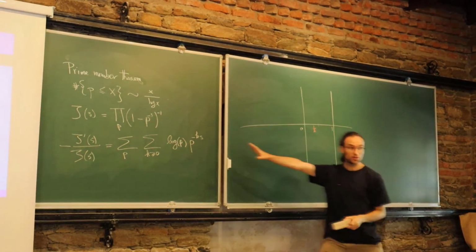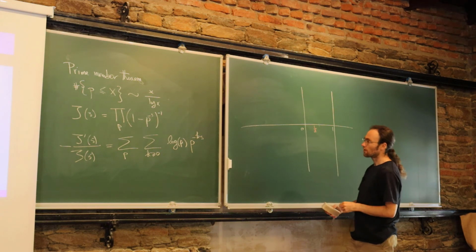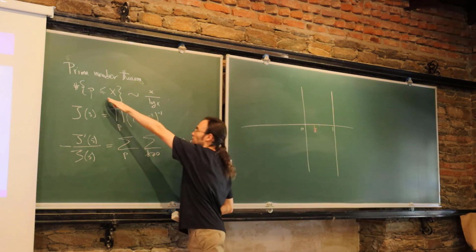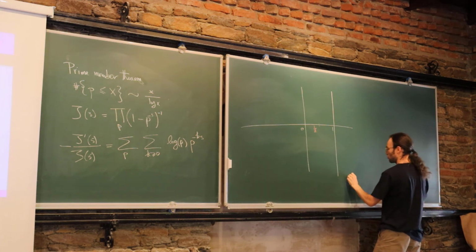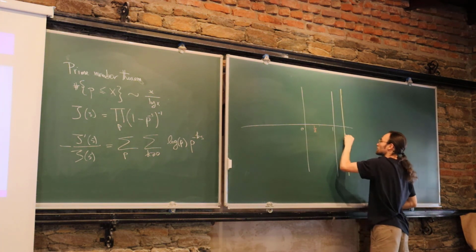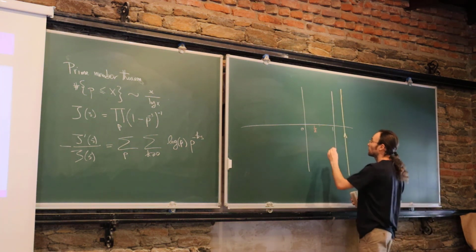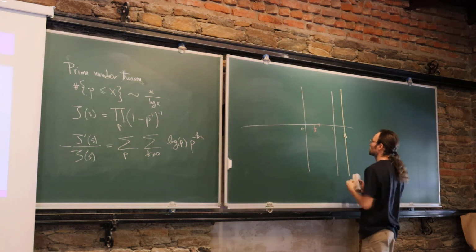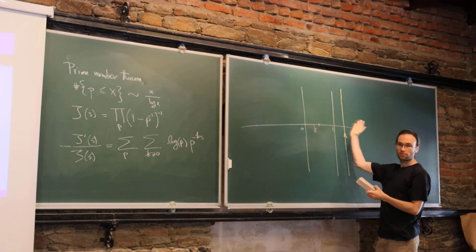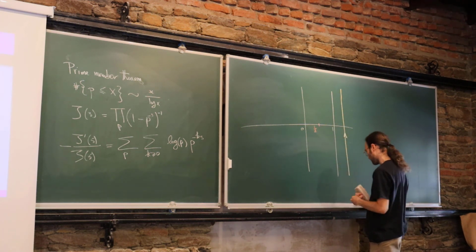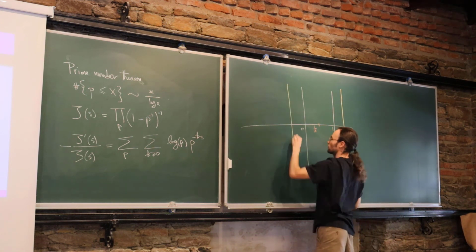From this expression, which converges for real part of s large enough, you can rewrite something closely related to this prime count in terms of a certain integral over a path like this of this logarithmic derivative. And now, if you shift the path of integration by using complex analysis, you can push it to the left, maybe even, let's say, to here.